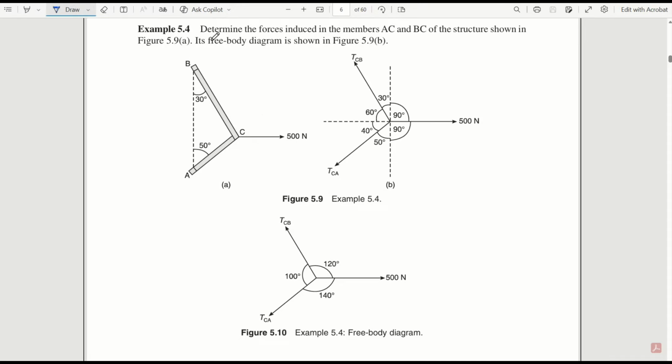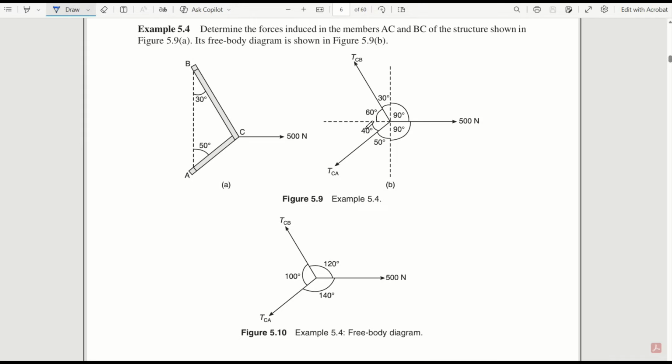In the question, they have asked to determine the force induced in the members AC and ABC of the structure shown in the figure. Its free body diagram is shown in figure 5.9, Figure B. They have only given this figure.